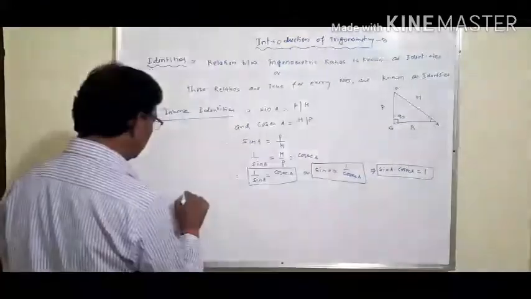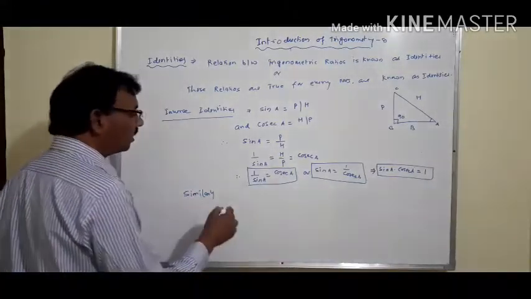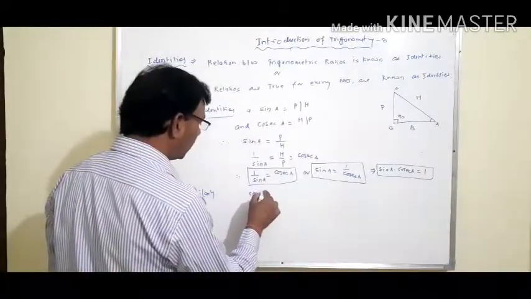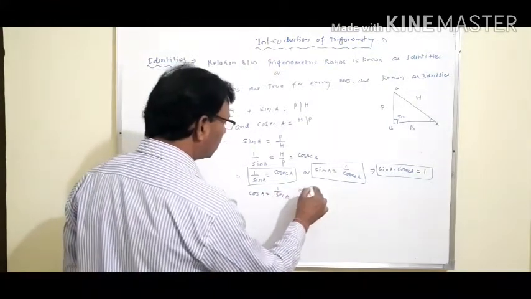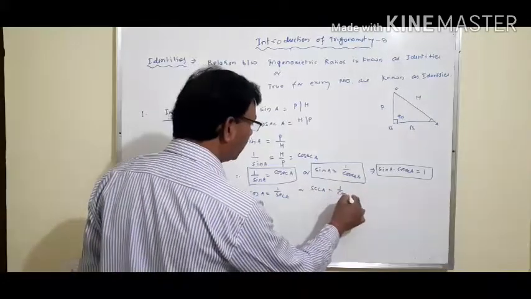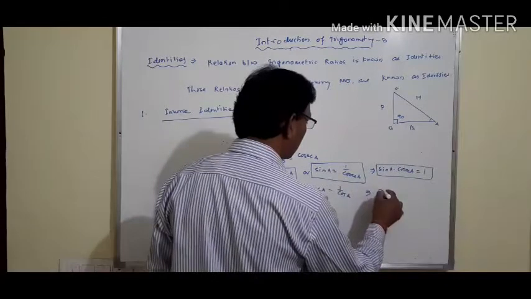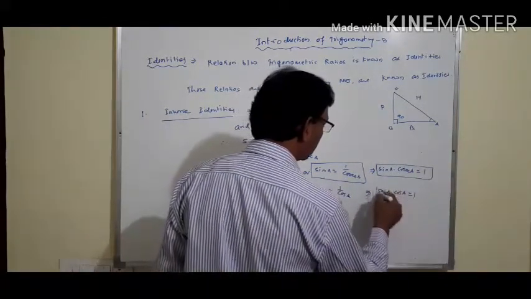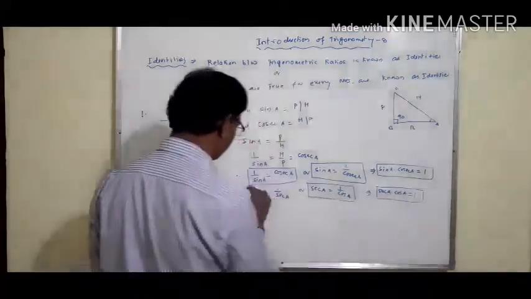Similarly, we can write for another identity: cos of A equals 1 upon sec of A, or sec of A equals 1 upon cos of A, and both give the result sec of A into cos of A equals 1. This is another reciprocal relation.